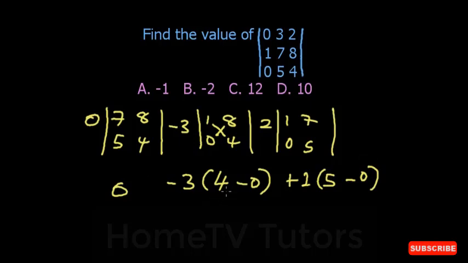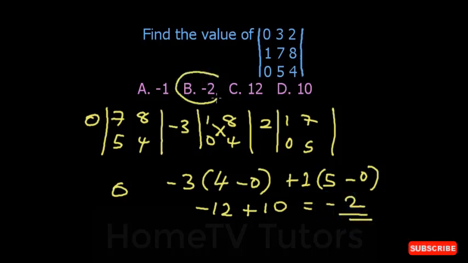So we're left with minus 3 times 4, that's minus 12. Then 2 times 5, that's 10. So minus 12 plus 10 gives us minus 2. So B is the right answer option.